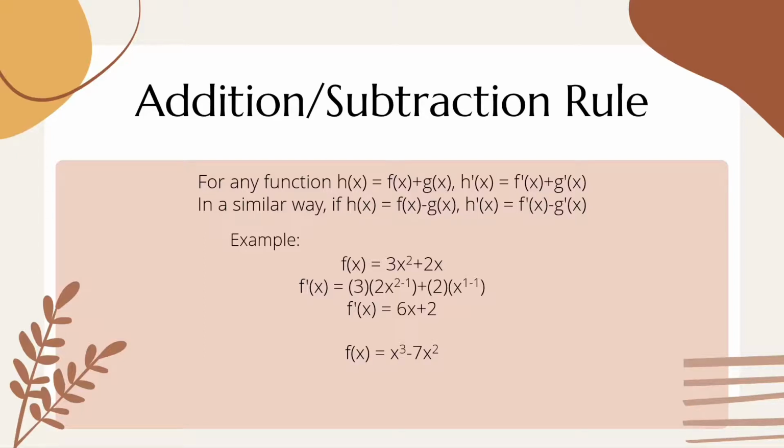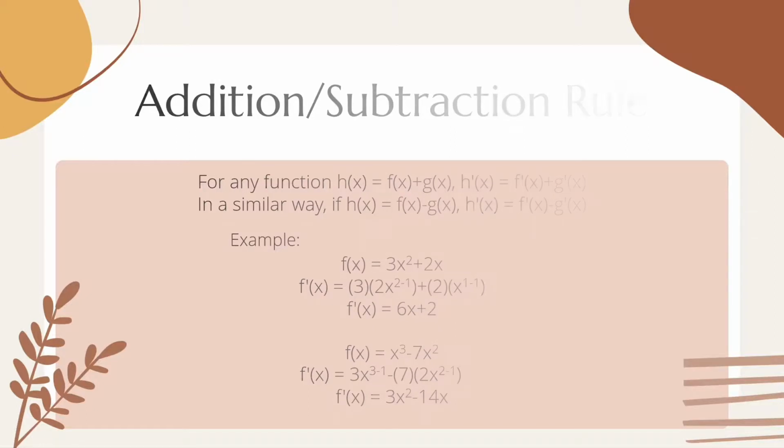This is subtraction, or a minus sign in between them. To get its derivative, again we simply derive the two terms, then retain the operator between them. We simplify and we will get 3x squared minus 14x. Let's move on to our next rule.